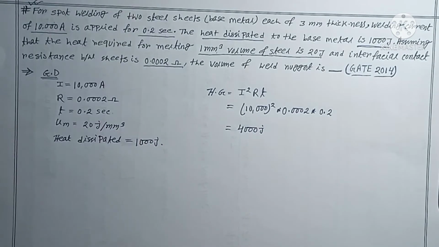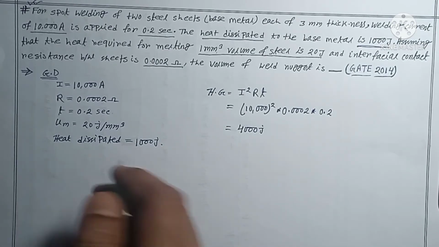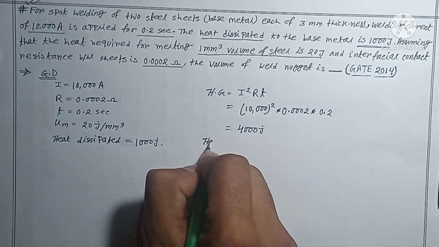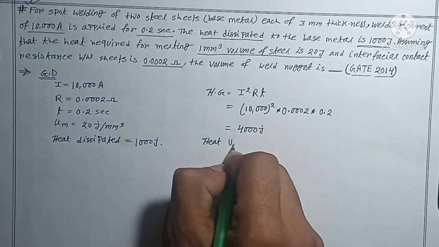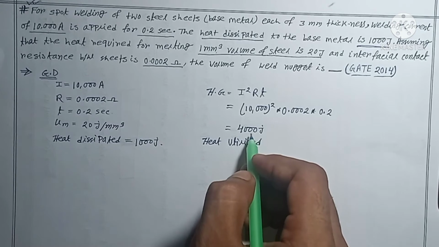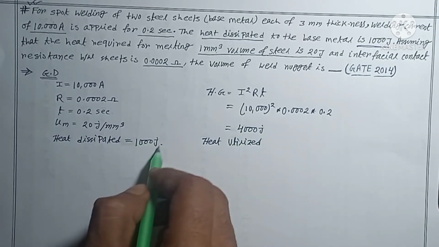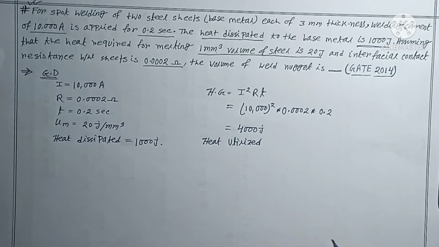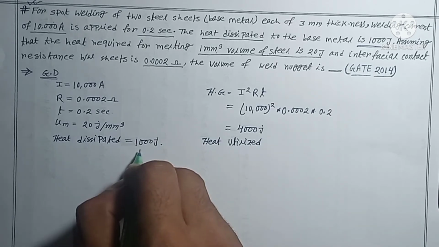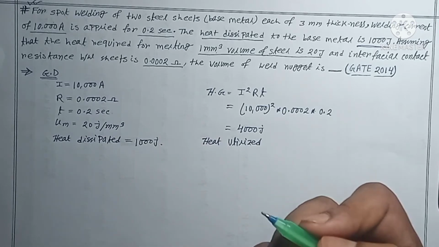But among this total amount of heat generation, 1000 joule heat is dissipated, so we can write heat utilized. Total heat generation is 4000 joule, but among this, 1000 joule is dissipated to the atmosphere, meaning this 1000 joule is not used to melt the base metal.